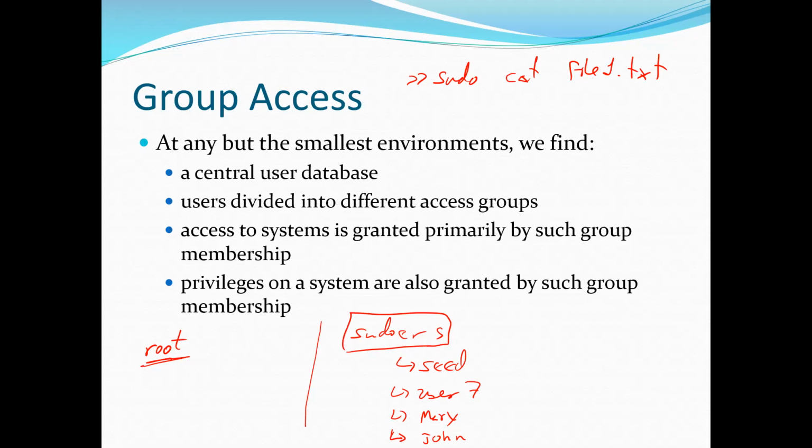But they do belong to the sudoers group. If they belong to the sudoers group, you can just type sudo in front. At that moment, it's like you're activating the privileges of Mary and John as administrators, as root accounts. And so now they can do those tasks. That's why we've typed sudo several times this semester.